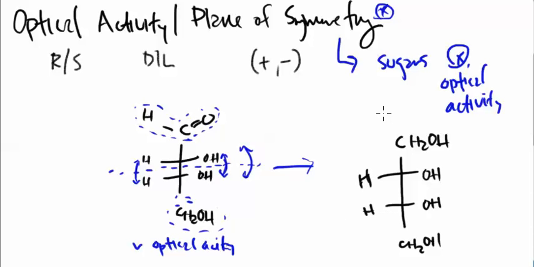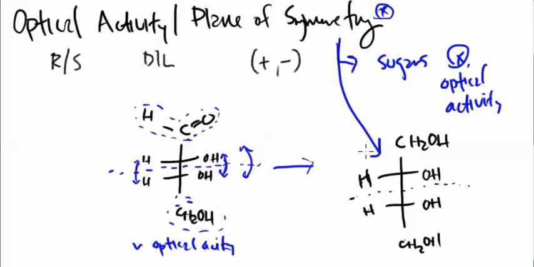Now when we fold this structure in half, everything overlaps. The H's line up with each other, the OH's line up with each other, and the CH2OH groups line up with each other when you do fold it over. So that is what we call a plane of symmetry. This sugar now, not really a sugar anymore though, is it?